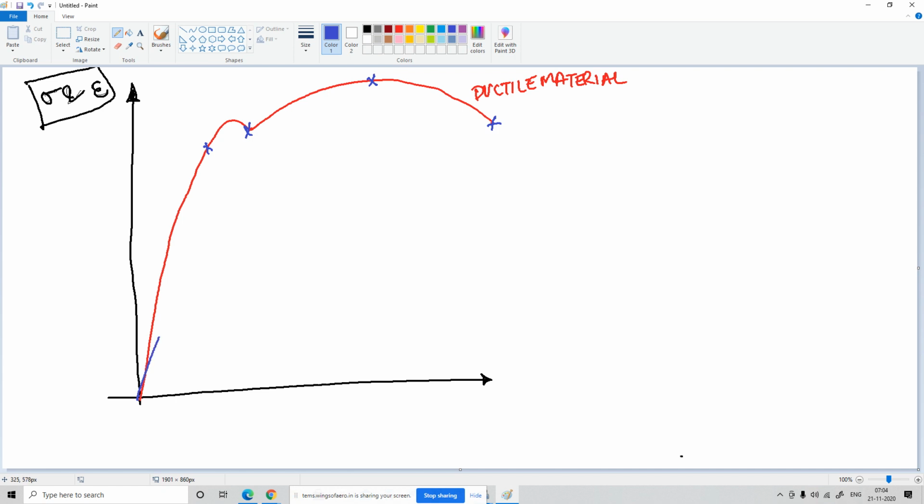Next material will have a little bend and then it will move on, but the necking is not that much, just slight. Such a material is a soft ductile material.